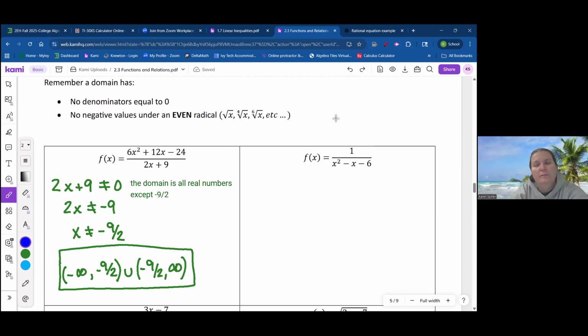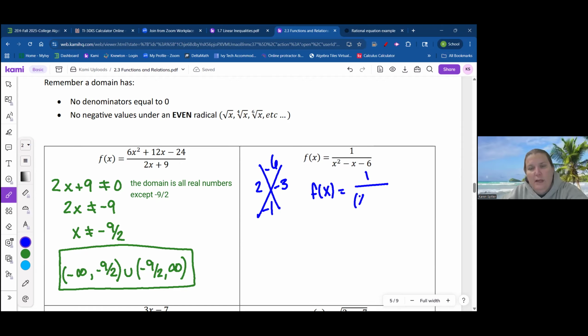For this other one, that denominator, we're going to factor that guy. So, what multiplies to give me negative 6, subtracts to give me negative 1? 2 minus 3. So this is actually f of x equals 1 over (x plus 2)(x minus 3). And again, we do not want that denominator to equal 0.